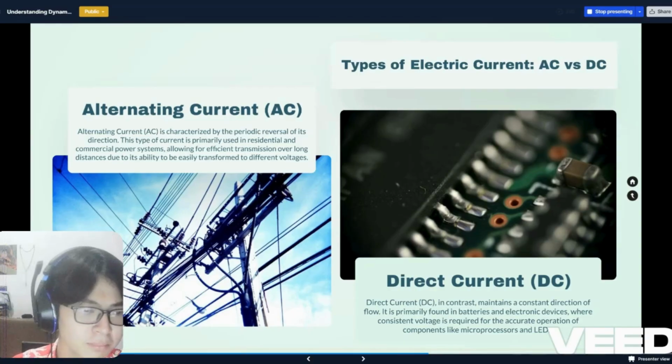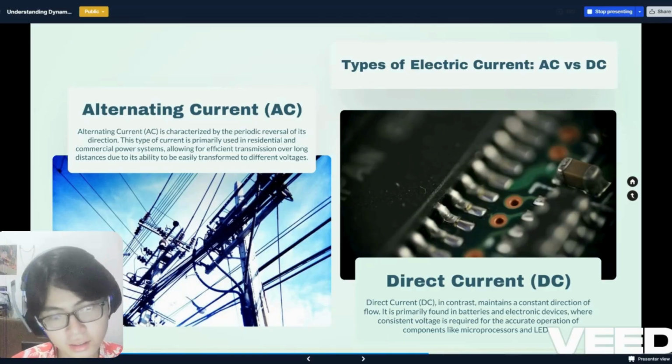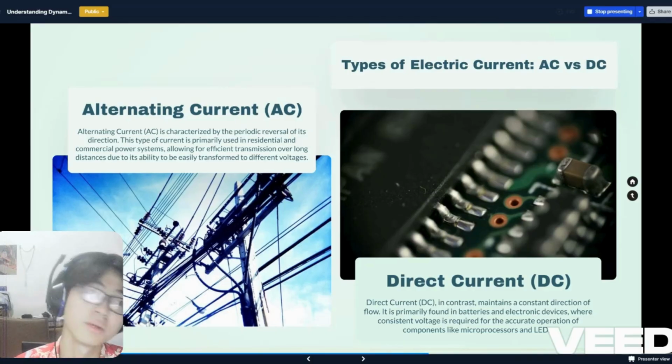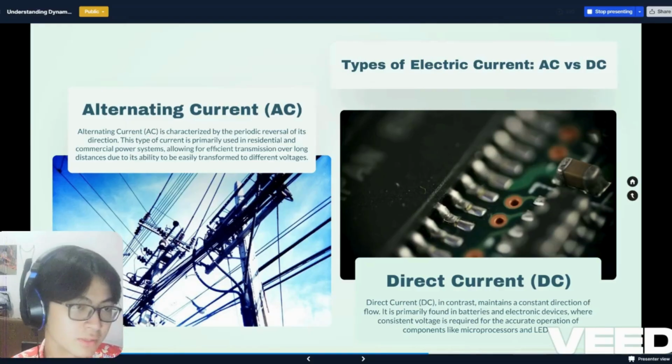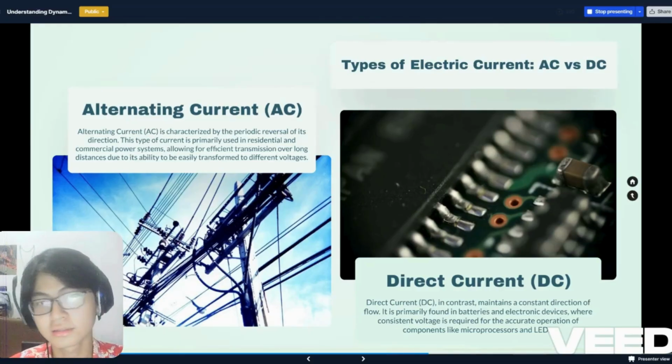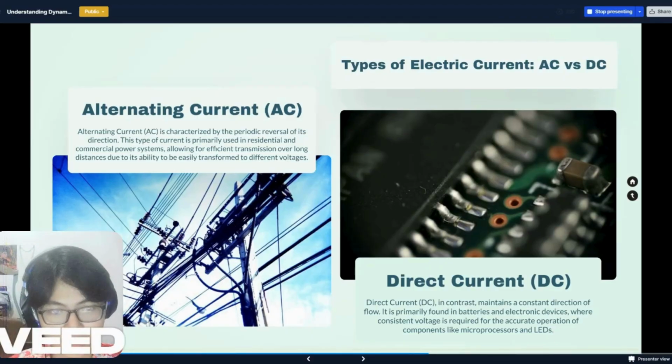It is primarily found in batteries and electronic devices, basically any electronic device that you can find, be it a phone, a charger, a TV, one that has a cable. It basically has a direct current.